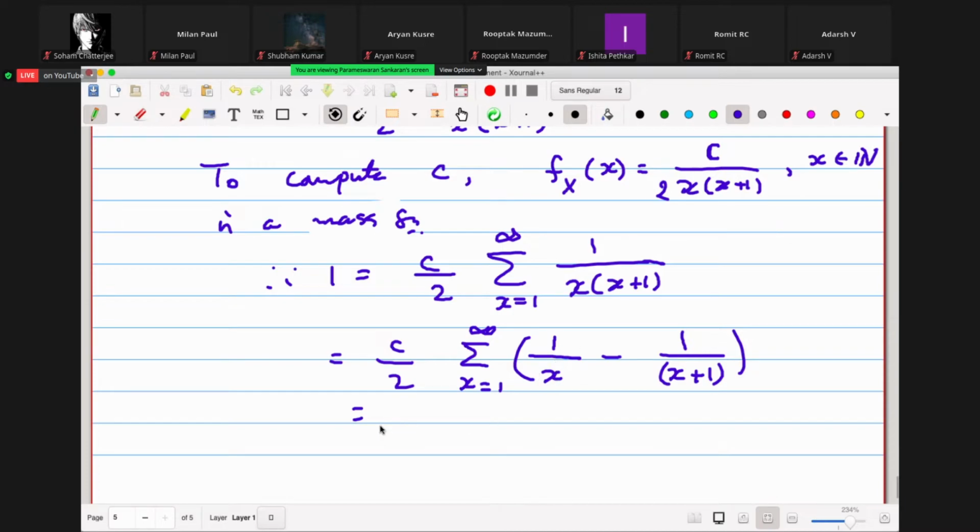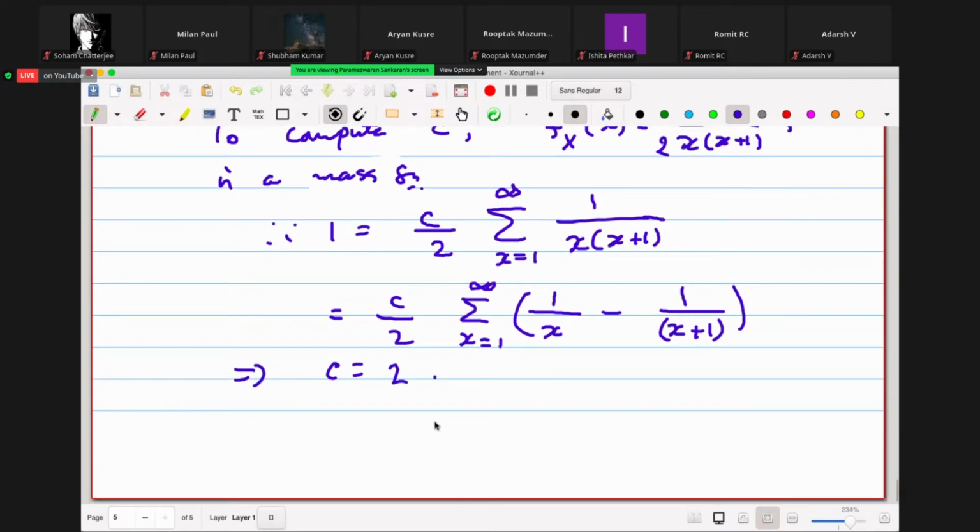So this is equal to 1, which implies c equals 2. That should be okay. Check these calculations.